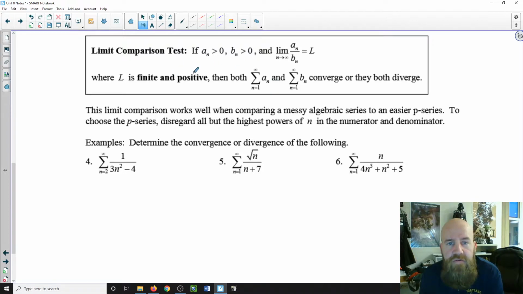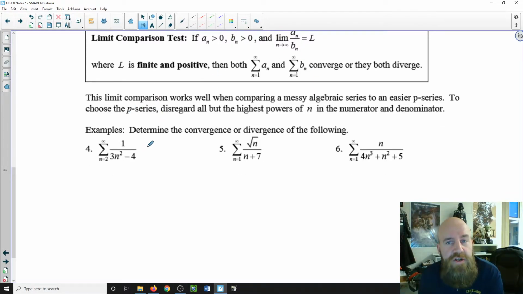If that's true, then both a and b either converge or they diverge. So it's very useful to pick a series that we know how to converge or diverge. It's really going to be the only way this is going to work for you.